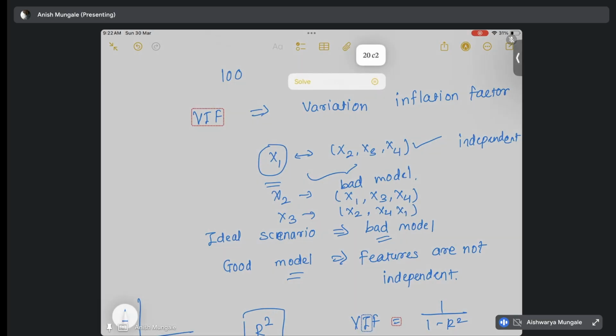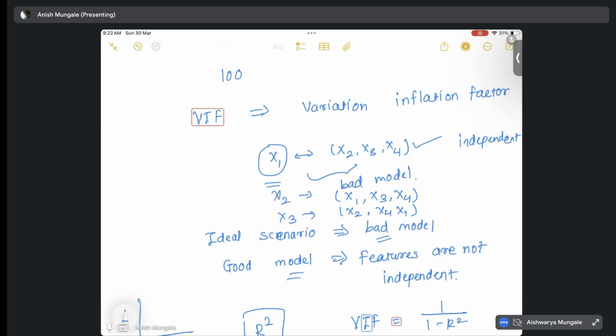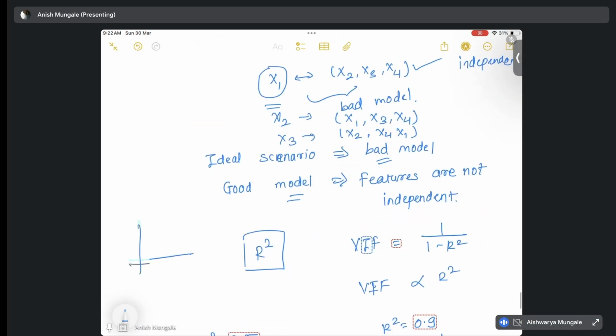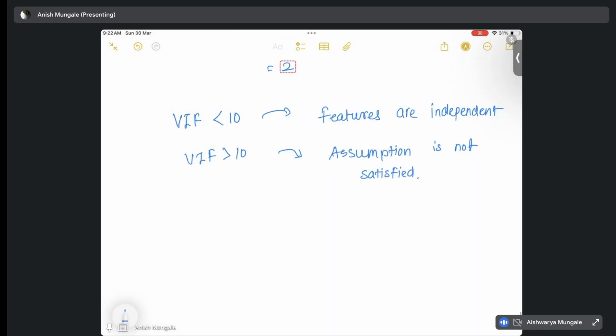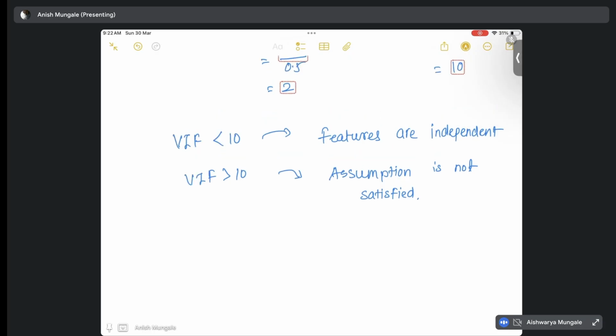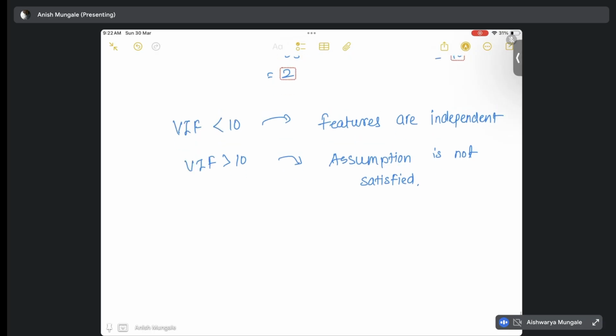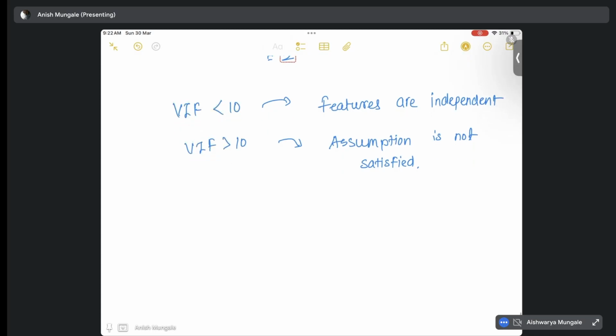So these models we will build and check the VIF score. If VIF score is less than 10, then we will say our features are independent of each other. If VIF is greater than 10, then we will say the assumption is not satisfied. Clear?